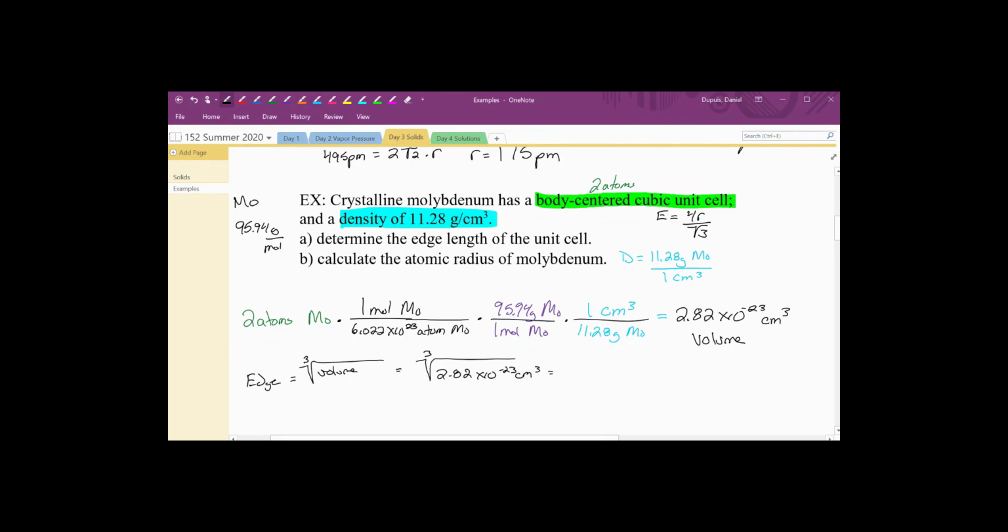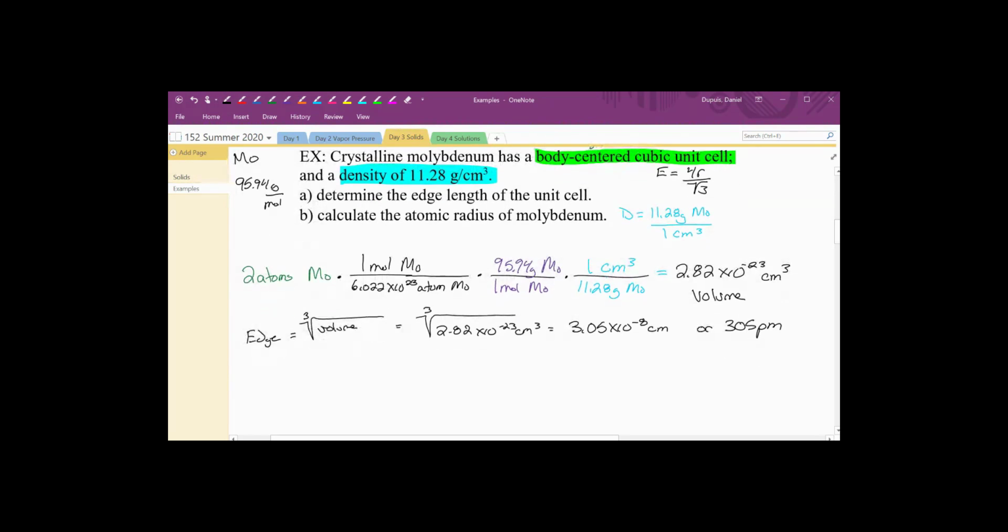So just go to math on my calculator for the second answer, and we get 3.05 times 10 to the negative 8 centimeters, or 305 picometers. So that's A.